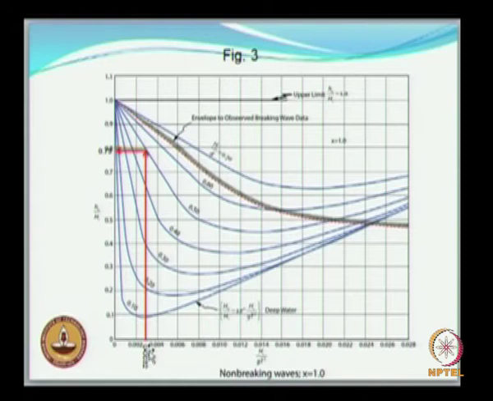Hi by D is 0.6. So, 0.6 is somewhere here, it is almost close to 0.9, almost close to 0.9.